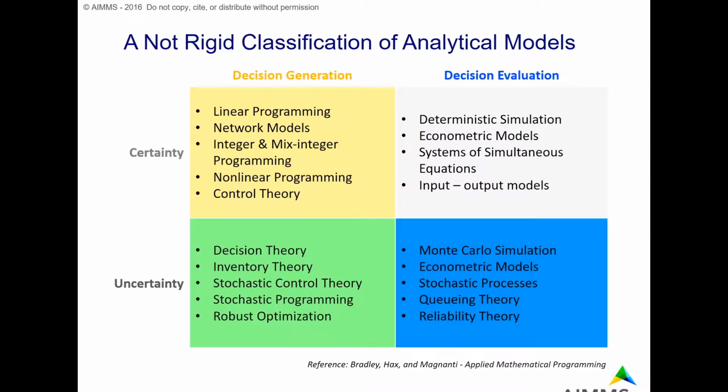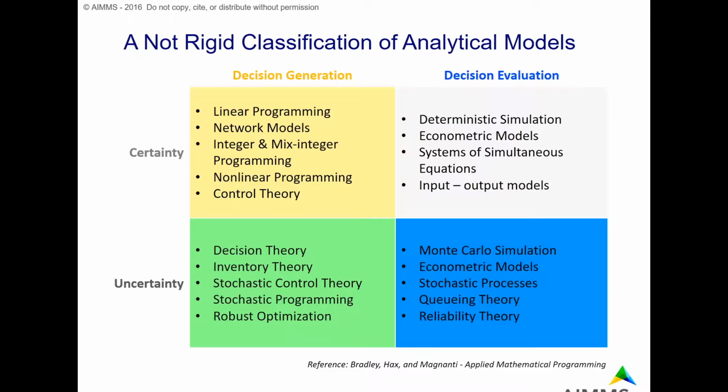We're using this not-rigid classification of analytical models as a reference to understand uncertainties and decision making. So in this quadrant, we see there are two areas of study: decision generation versus decision evaluation, and certainty and uncertainty circumstances.